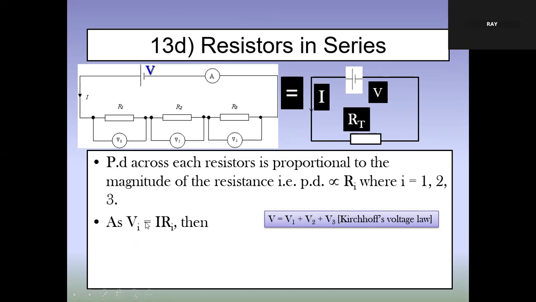So as Vi equals I Ri, I is constant, then we can replace this one, RT times I, then this one, I times R1, I times R2, I times R3 from this formula. Cancel the I, we get our equation. Any comment? Anything not clear? Oh, so far no. Okay.